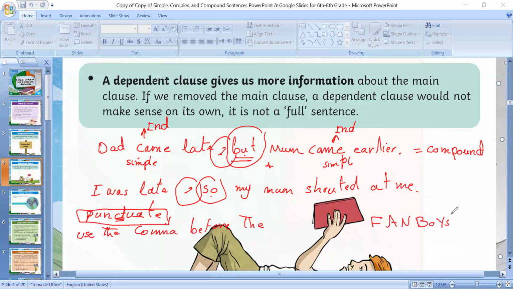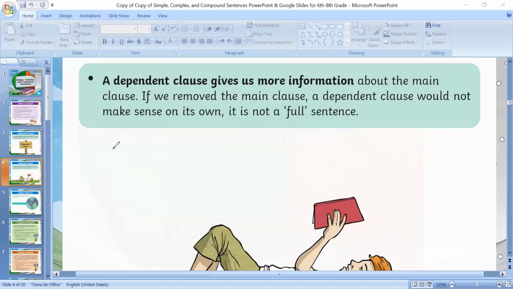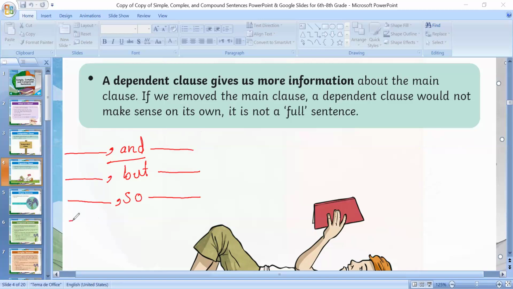Where should I use the comma, Ammar? Before the fanboys. Yes. Let's delete this part first. It means if I say in the sentence, and, I'll use the comma before and, and here the sentence, and here the sentence. Use the comma before but, and here's sentence number 2. This is sentence number 1, comma, so, the second sentence.